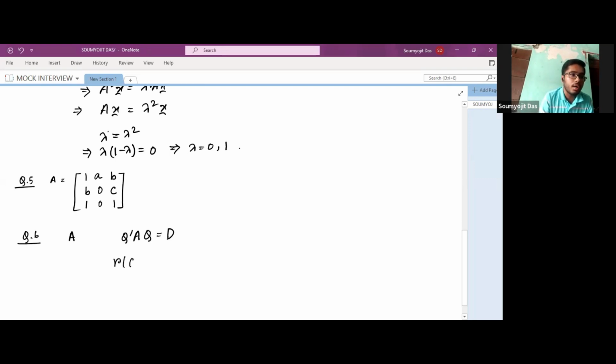Now the rank of Q transpose A Q will be equal to the rank of D, as Q transpose and Q are both non-singular matrices, and multiplying by non-singular matrices doesn't change the rank of A. The rank of D is the number of non-zero rows or columns, which is the number of rows where the element one is present as the eigenvalue. So it is the same as the sum of the principal diagonal elements, that is the sum of the eigenvalues. That will be equal to the trace of A, and this rank will be equal to the rank of A.